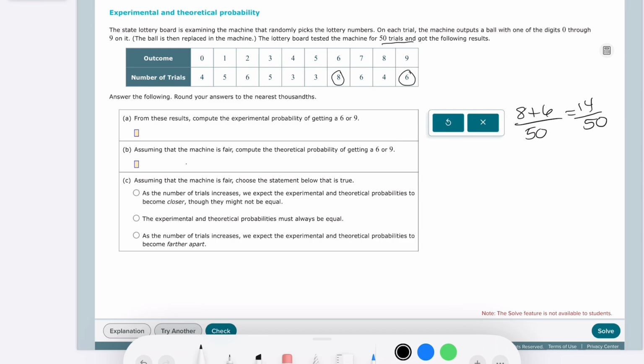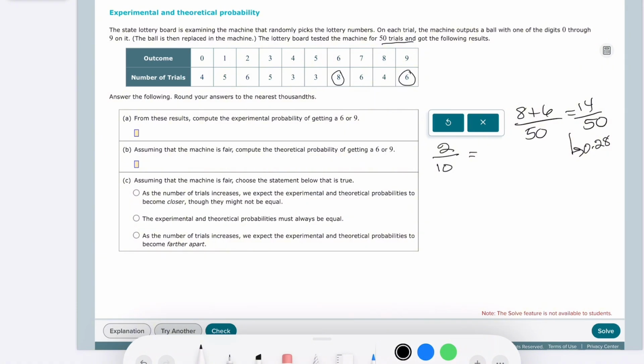And assuming that the machine is fair, compute the theoretical probability of getting a 6 or a 9. So there would be 2 chances out of 10. 14 divided by 50 is, so this is actually 0.28.